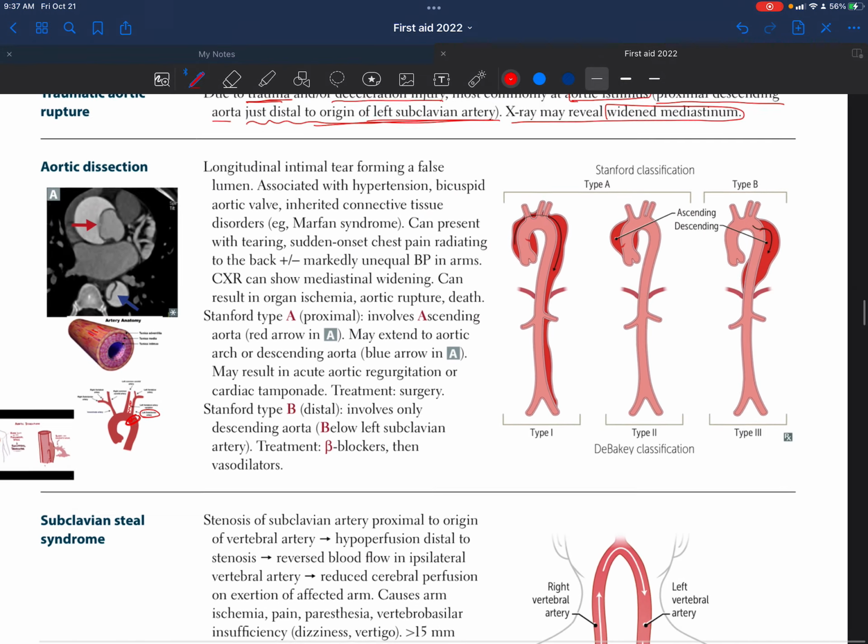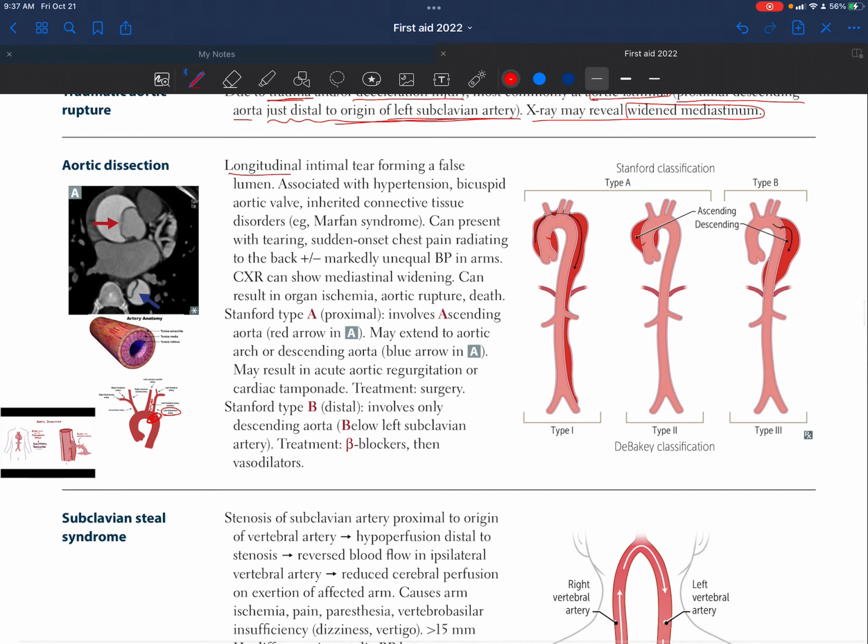Now for aortic dissection, that needs to be known, it's longitudinal. It's not like cyst formation. It's a longitudinal intimal tear forming a false lumen. So a new false lumen that should not exist is being created within the wall of the aorta.